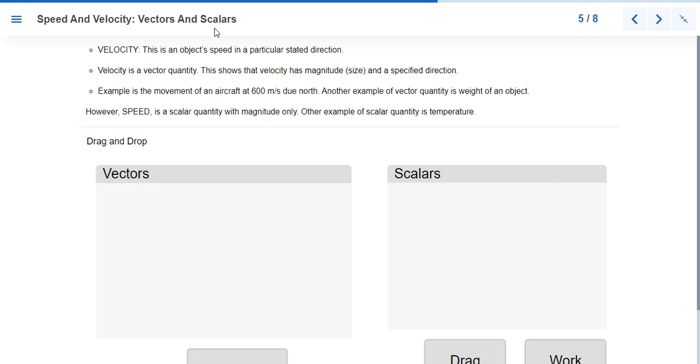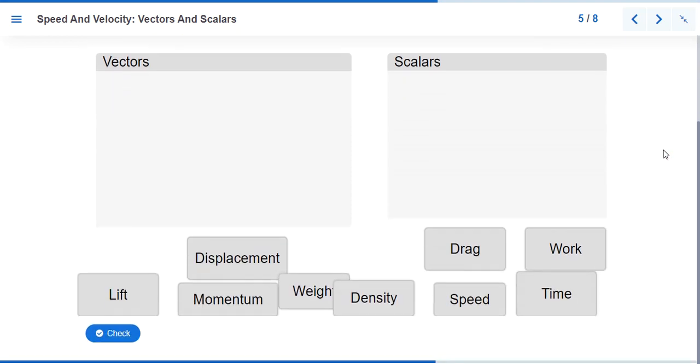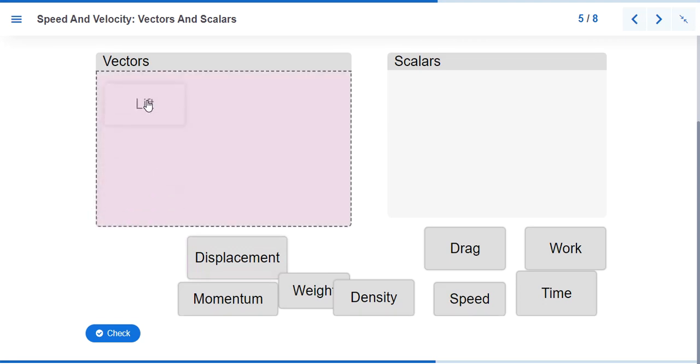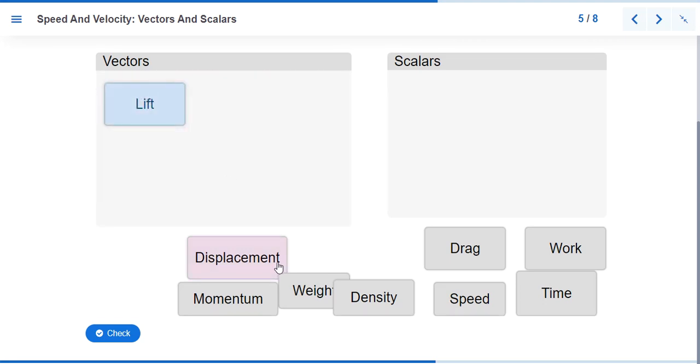Let's use this exercise in terms of drag and drop to differentiate between vectors and scalars. Can lift be a vector or a scalar? Lift, let's see. How about the displacement?